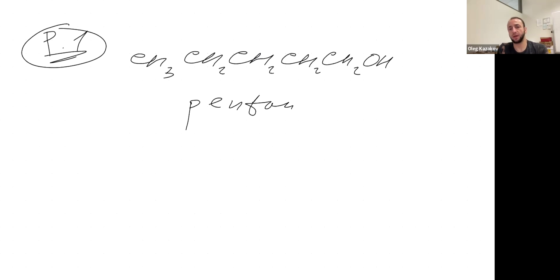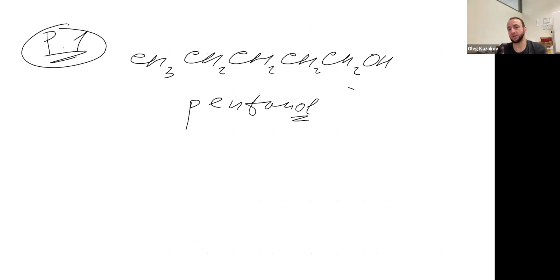So then we have the alcohol, which means we are going to have the suffix -ol that follows the root of the name. So we'll have some sort of pentanol. Then we are going to number the carbons, starting with the terminus that is closest to the carbon to which the OH group is attached.